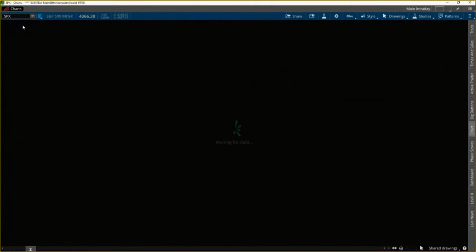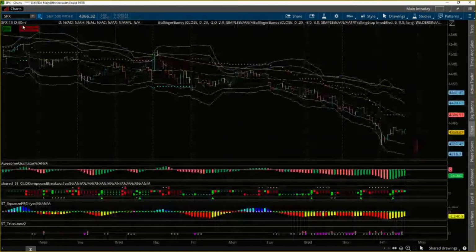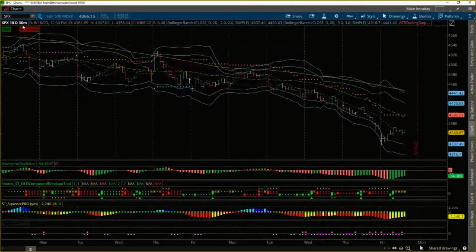And the idea is when they print green, there's no squeeze, right? There's no squeeze on any of those time frames setting up. But when they print red, it means that there is a valid squeeze that is setting up. And so when you get squeezes across multiple time frames, it can make for a really good signal that you might get a higher probability move, right?